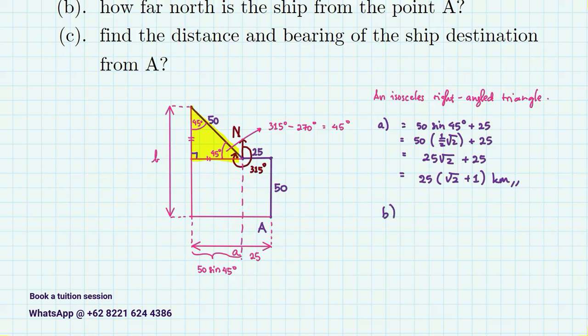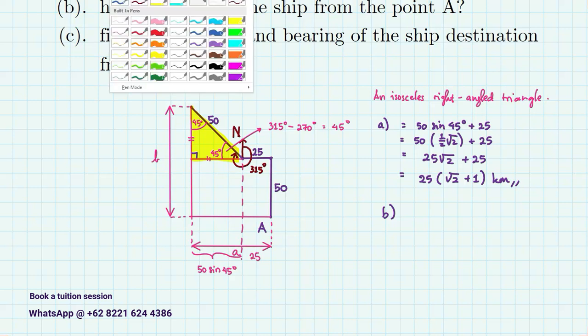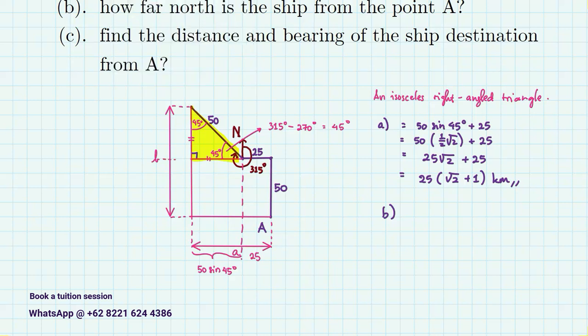For part B, so how far north? Basically the vertical distance. Same thing, we can divide this into two parts. This length is just 50. The bottom length is just 50 because the length from here to here is the same as this, which is 50.